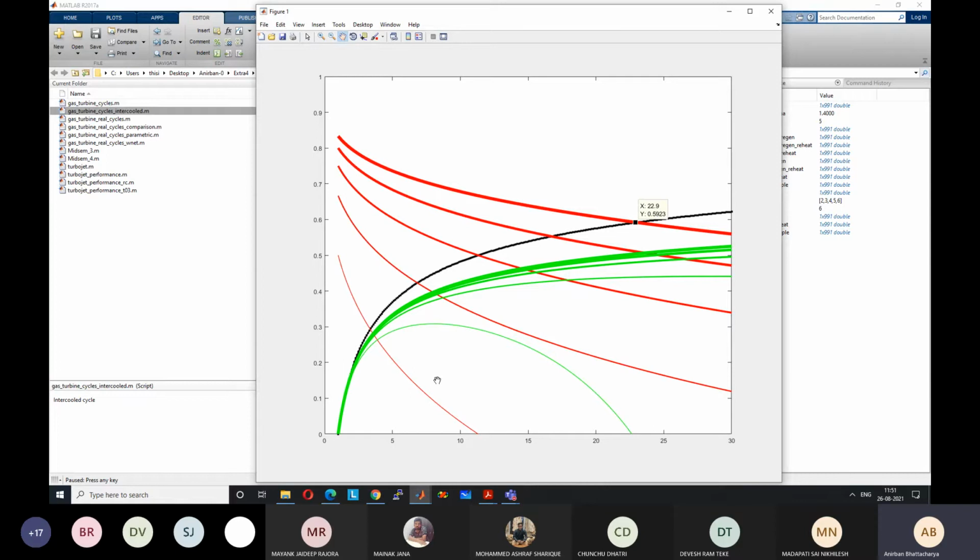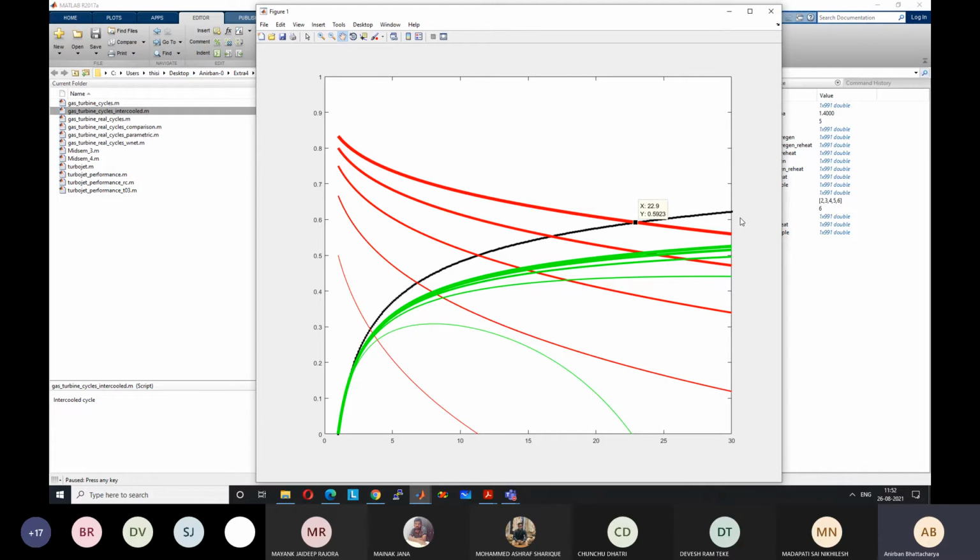Because beyond that, we are now studying the ideal compressor and ideal turbines. But in real compressors, there will be isentropic losses, frictional losses, and for a high compression ratio, the frictional losses will be so high that we will not get any work output in real life. Although here it looks very rosy, that efficiency is 60%, and we know that for steam power plants efficiency is somewhere around 40%, less than 40%.